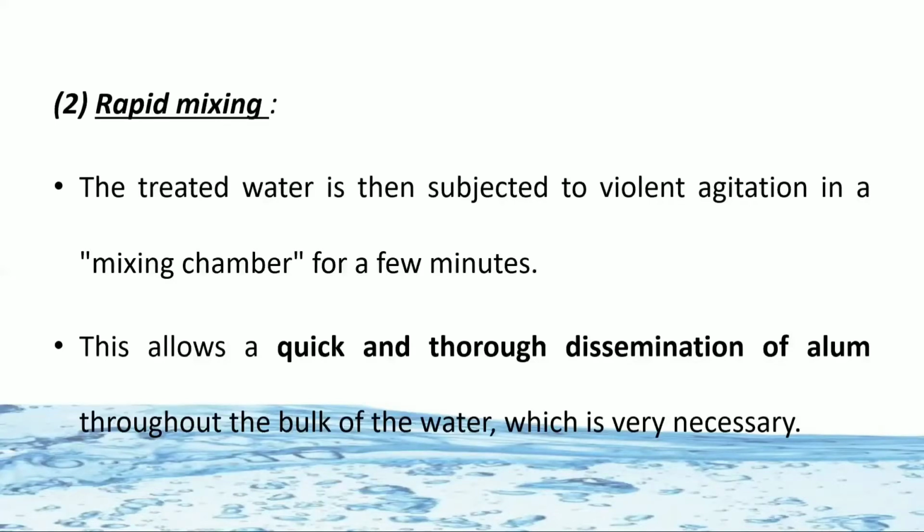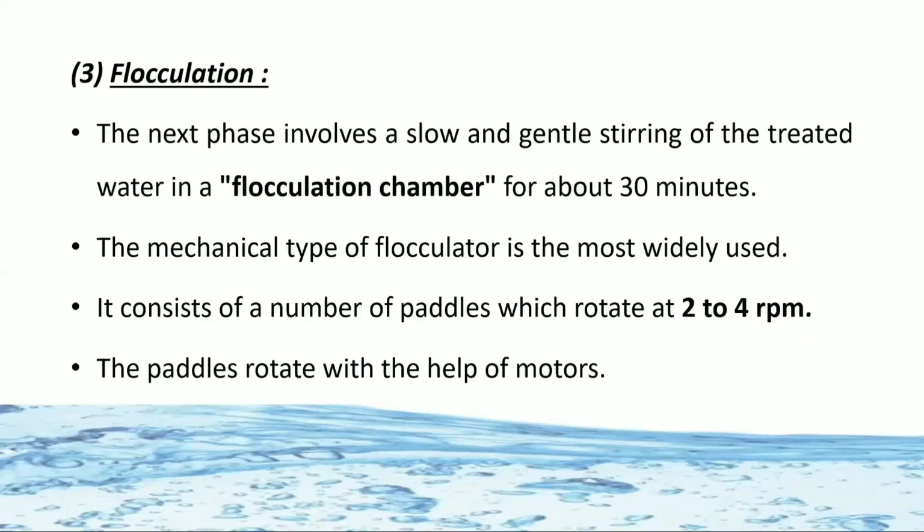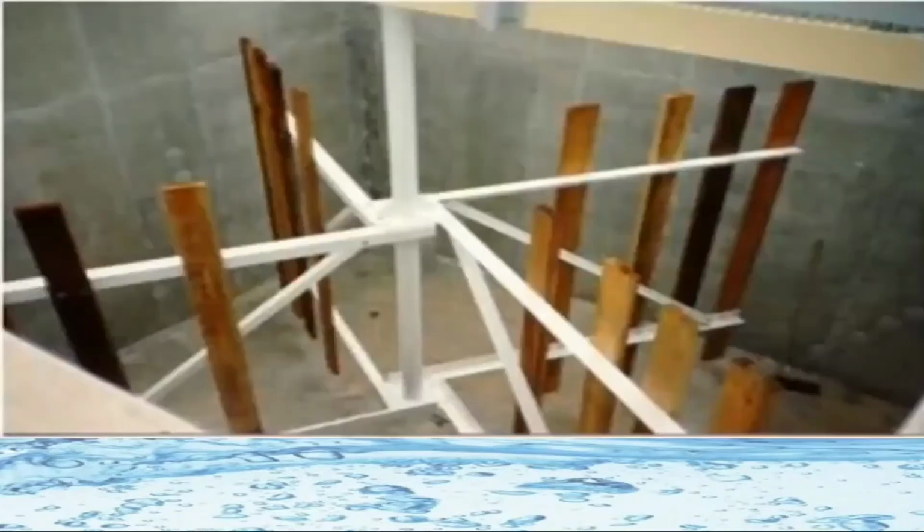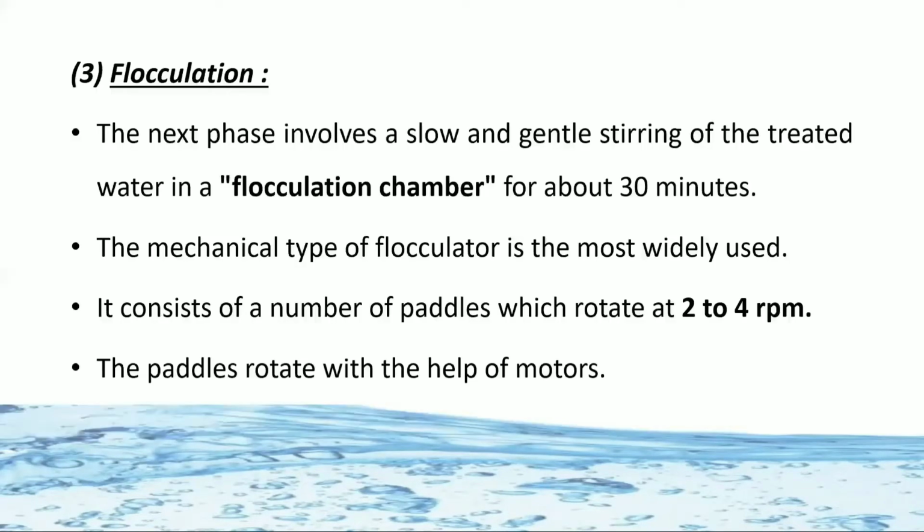After rapid mixing, there is flocculation. What is the meaning of flocculation? Flocculation involves a machine called a flocculator, which is fan-like. You can see in the image, it is fan-like and moves slowly.